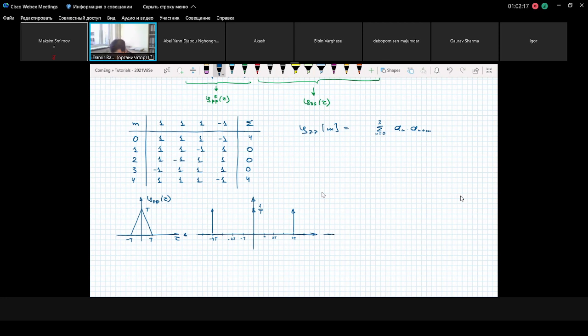So as a result, we get that our resulting autocorrelation for the periodic version of the signal will be equal to a triangular pulse.